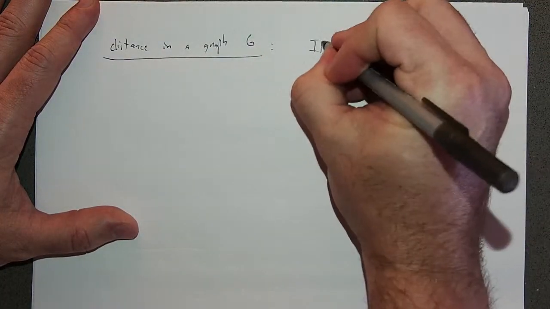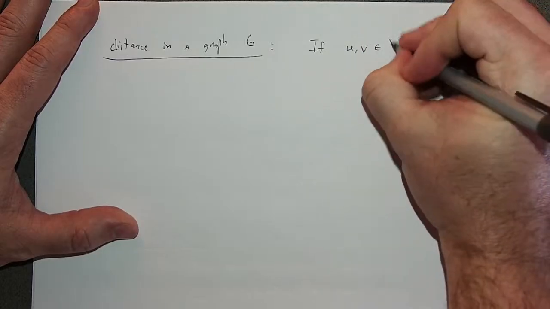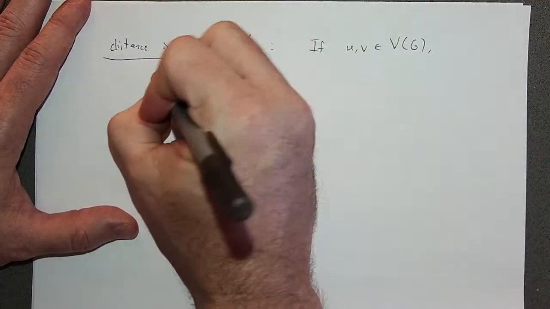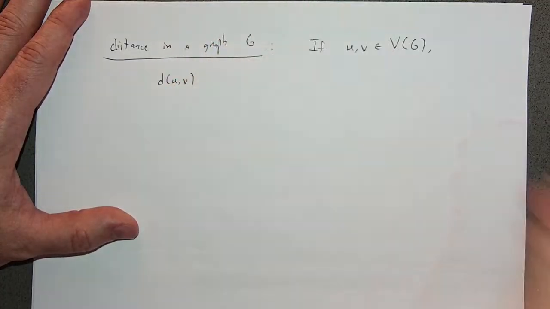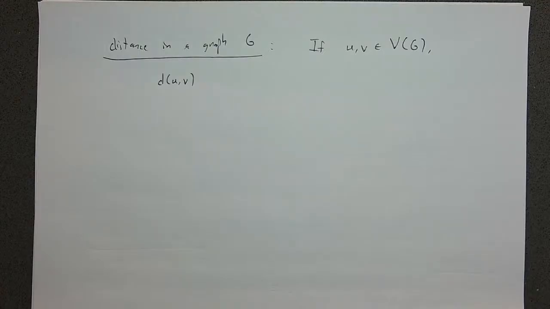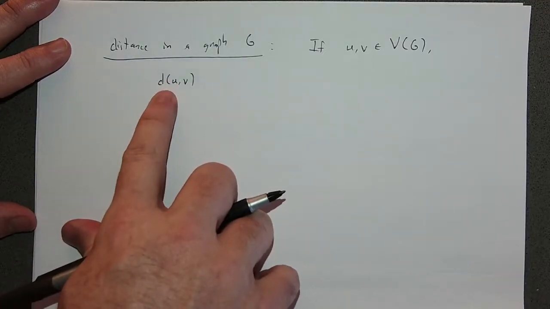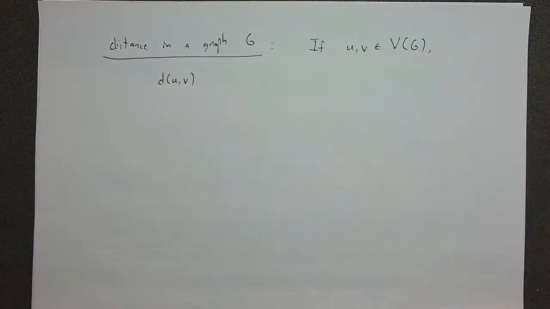If U and V are vertices of G, the distance between U and V, we may label it with G if we have multiple graphs we're considering, and we're considering distances separately in each graph, or if we have a graph that maybe has different components, we'll talk about that in a second.